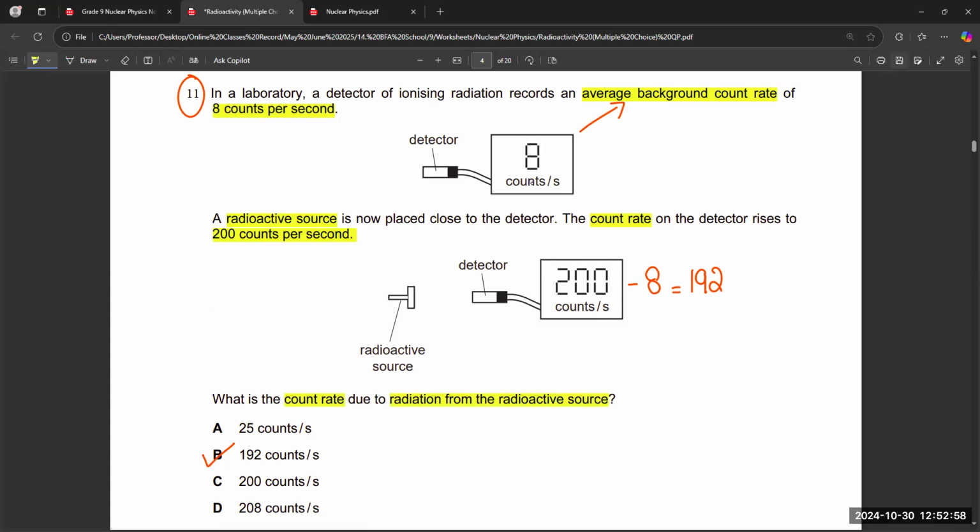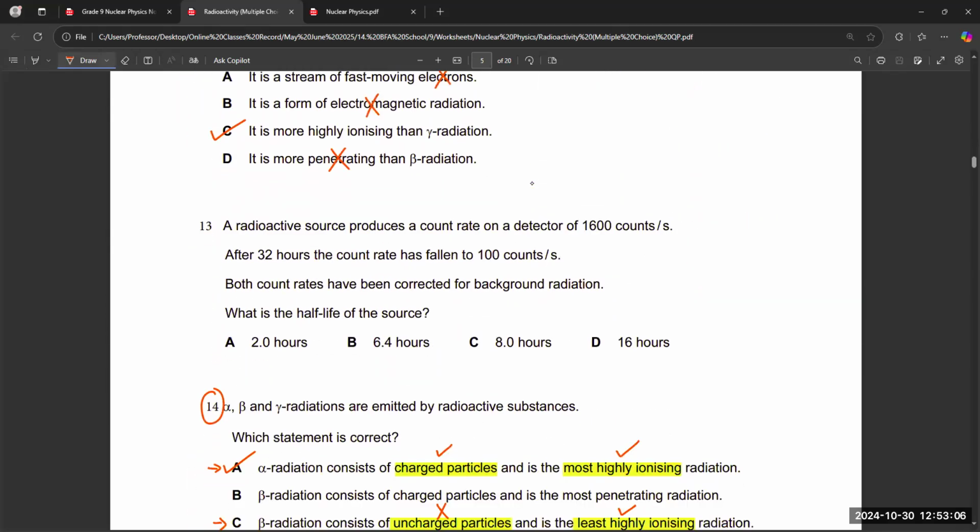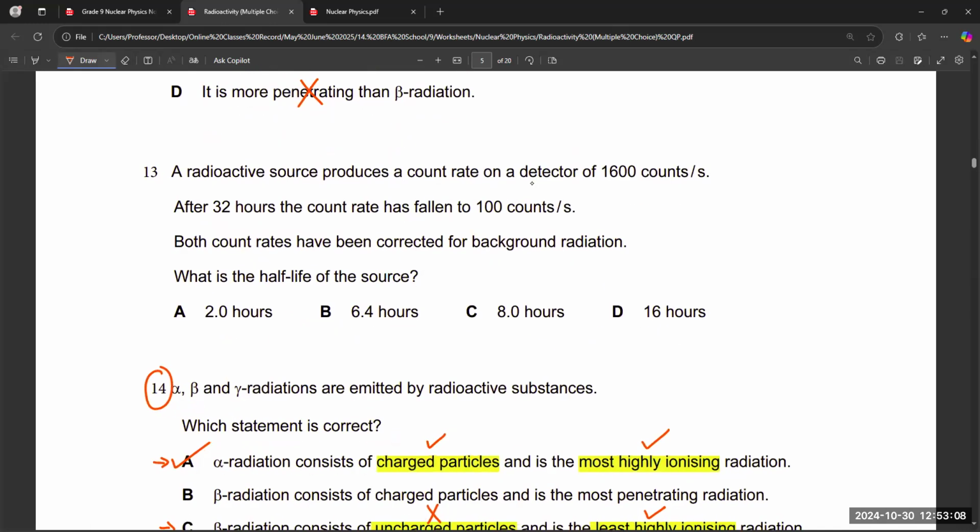The same question they ask in this 11. Question 13. Again, we have a radioactive source that produces a count rate on a detector of 1600 counts per second.